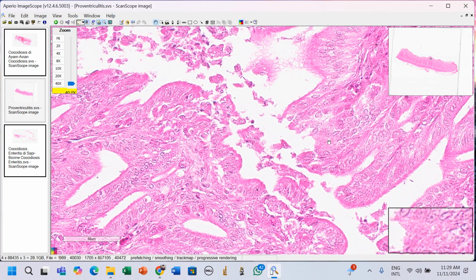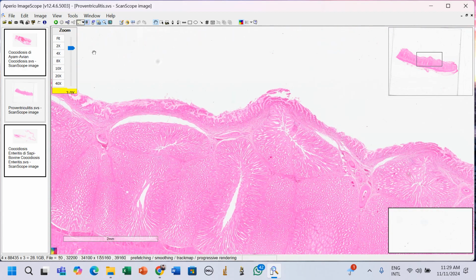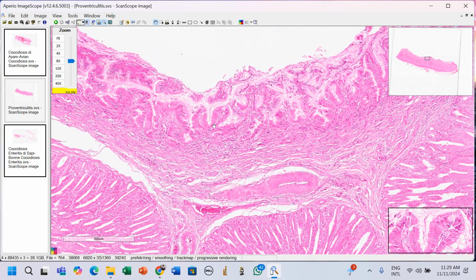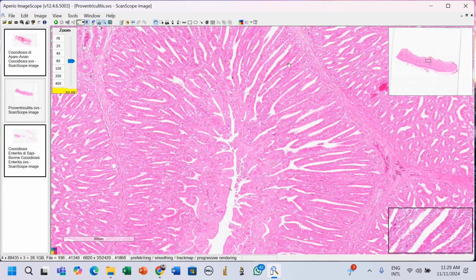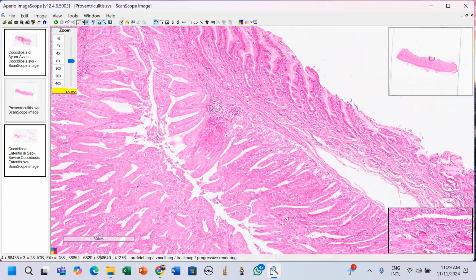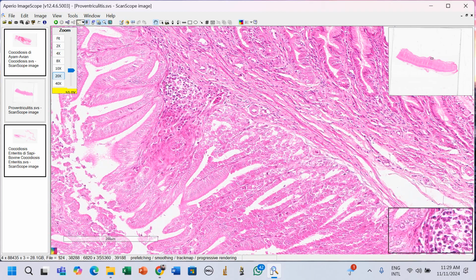And then you will also find some of the glandular part. So let me show you. This part is the mucosa, and this is the glands. These are the glands of the proventriculus. These are kind of normal glands, but if you look at other sides, the glands also have infiltrations of inflammatory cells, characterizing the proventriculitis.